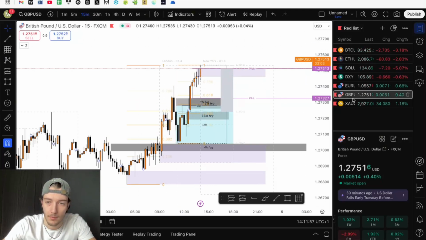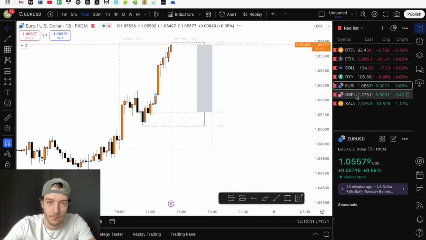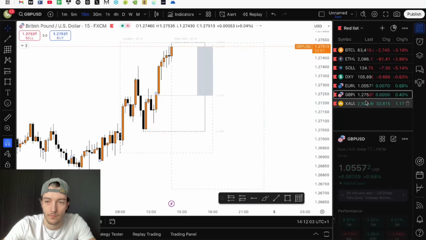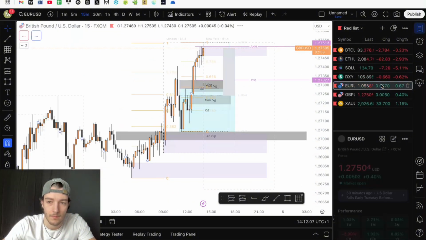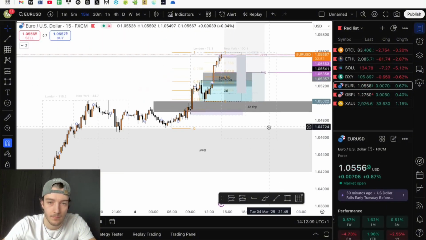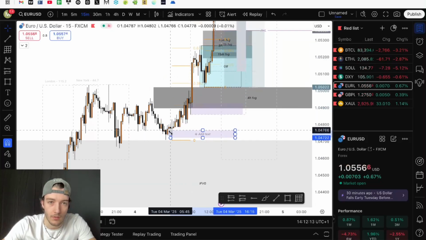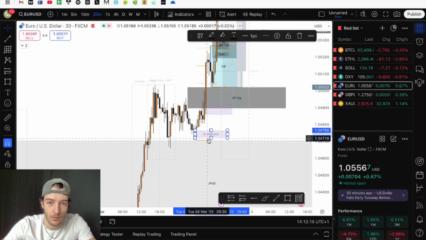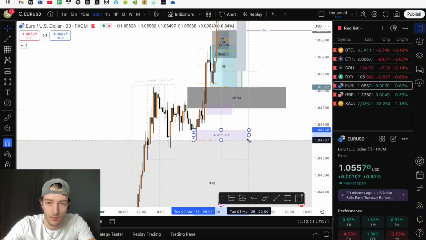Slowly chopping up, up, up. I also want to mark out these Asian lows here, just in case.